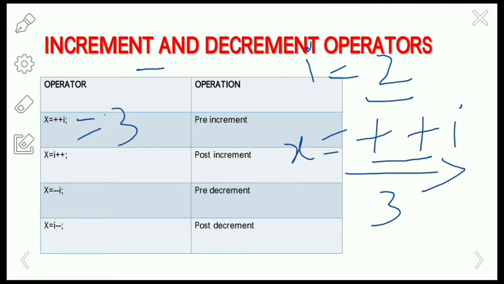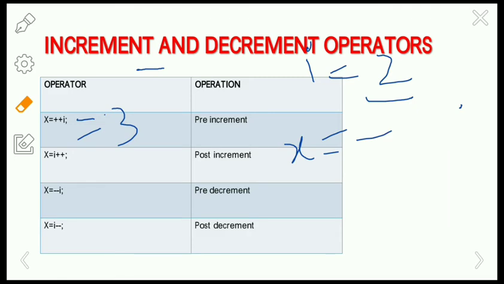And similarly for x equals I++, we are going to first of all assign the value of I to x, and after that we are going to increment the value, that is the post-increment. Pre-increment, as the name itself denotes, means we first increment the value and then assign it to the variable.